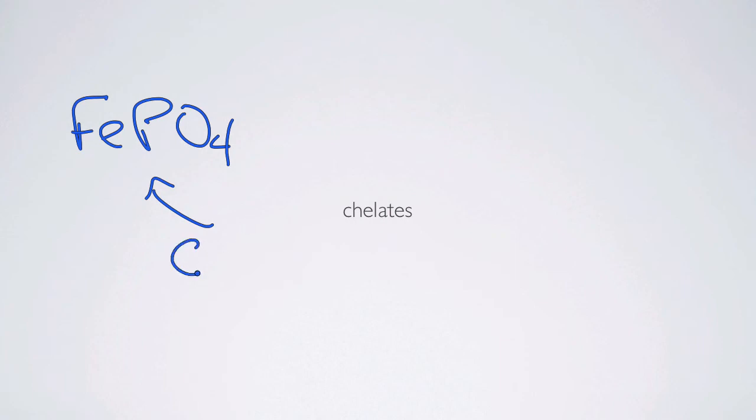Other plants have a different approach, and sometimes they'll use chelates. What chelates do, if you remember, within soils you can get iron phosphates that are formed, and these precipitate out of solution. Well, this iron phosphate can still be displaced from the iron, and one way to do that is to release into the soil a chelate, such as citrate.